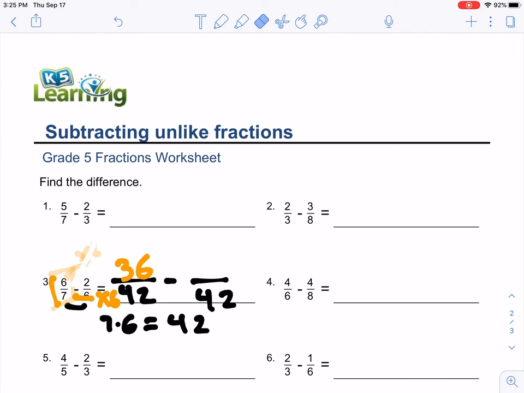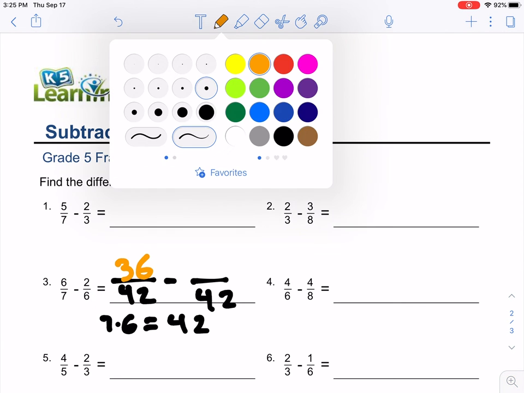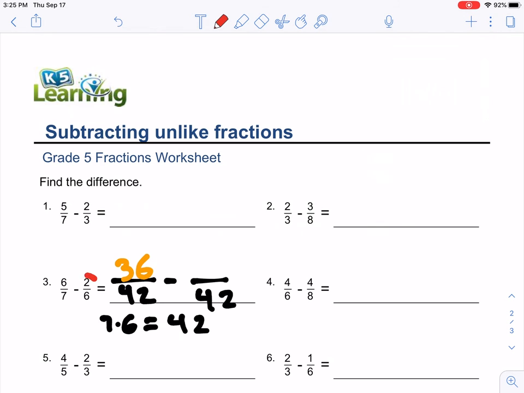Next, we look at 2/6. In order to make 6 into 42, you had to multiply it by 7. So we go 2 times 7 on top, and that gives me 14.